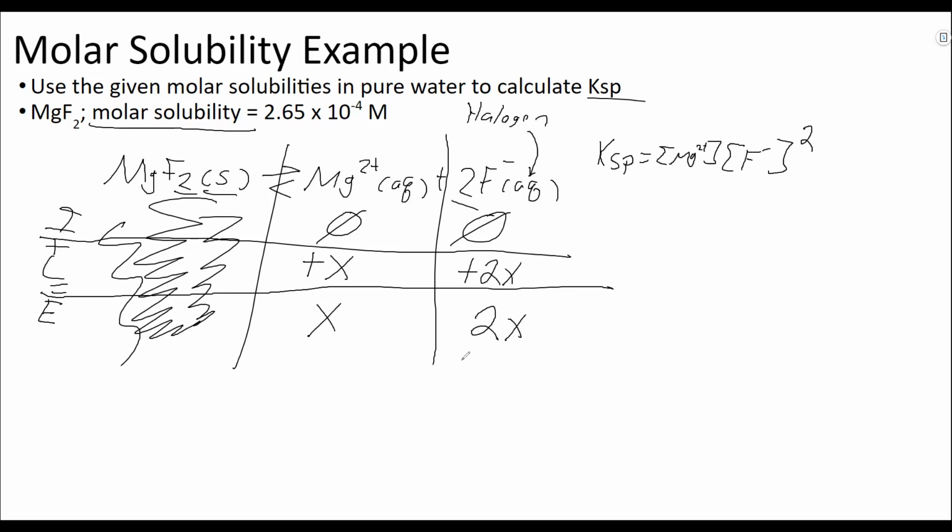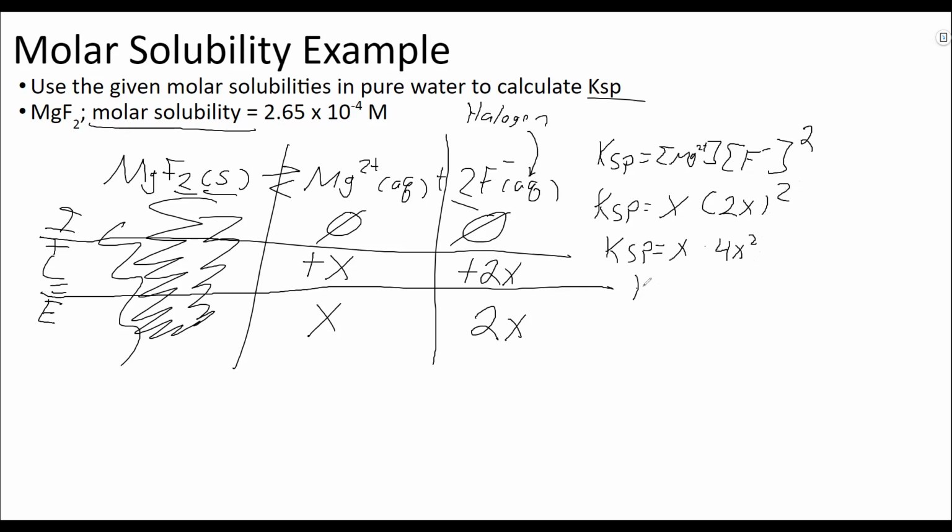Now that we have equilibrium, we just plug that back into our KSP. So KSP equals x, which is magnesium, multiplied by 2x squared for fluorine. So KSP equals x times 4x squared. 2x squared is 4x squared, right?